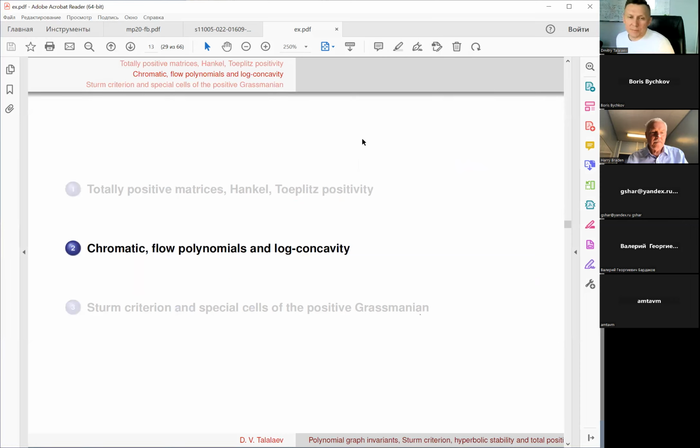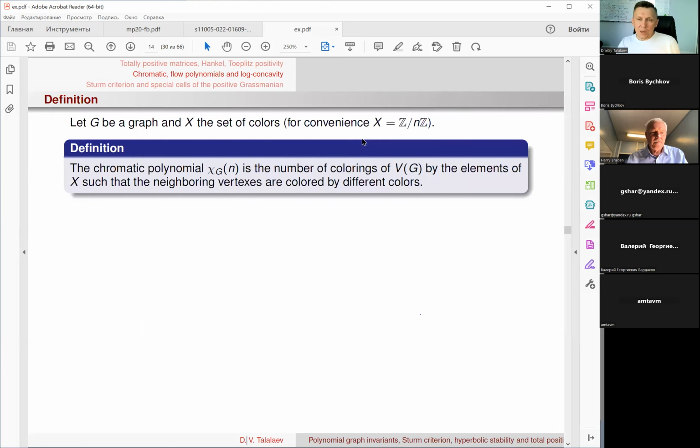Now I will talk about some different matter, about properties of polynomial invariants, polynomial graph invariants. Some definitions. Let G be a graph and X the set of colors.